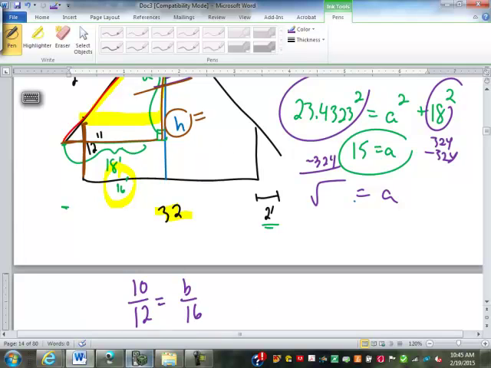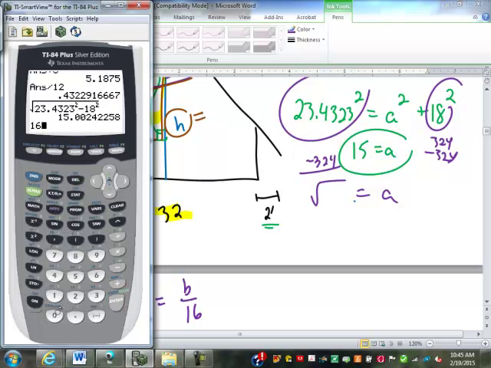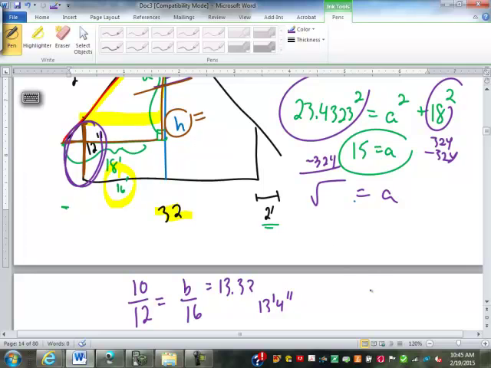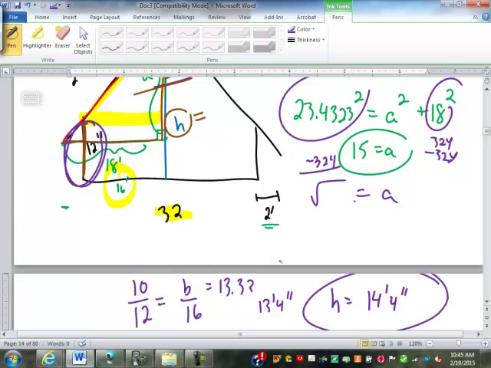So 10 times 16 is 160, divided by 12 gives us 13.33, which is 13 foot 4 inches. And of course, we have to add that 12-inch heel to it, so that becomes 14 foot 4 inches for H. Does that make more sense?